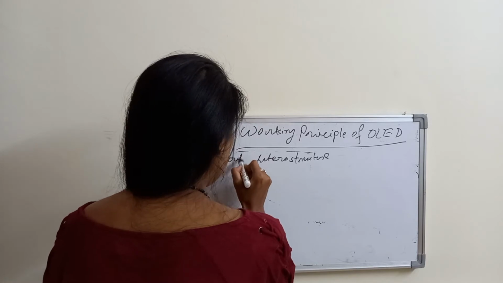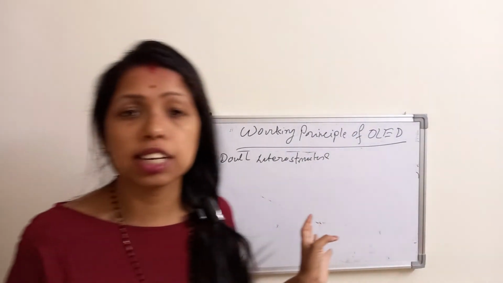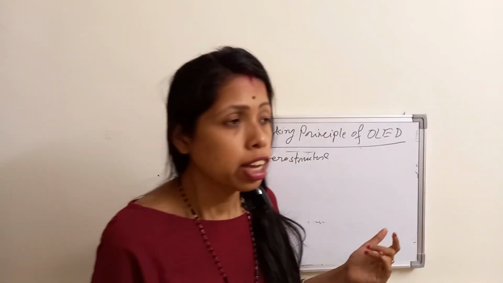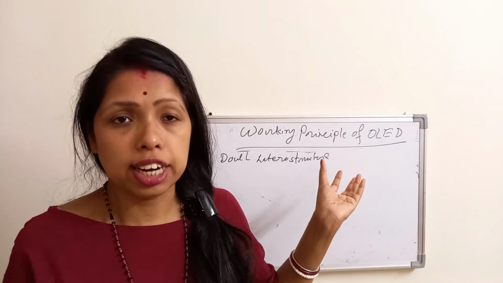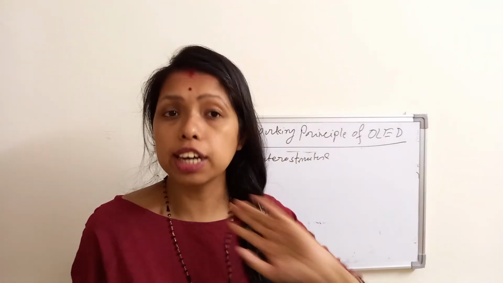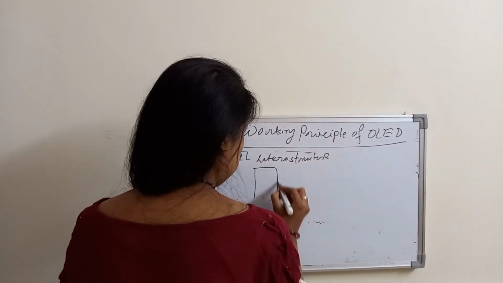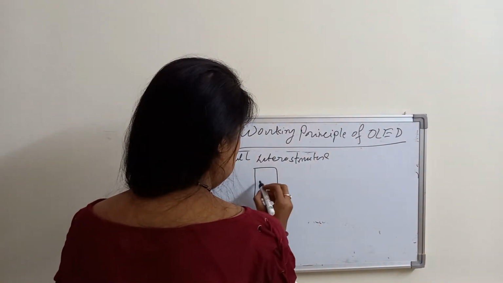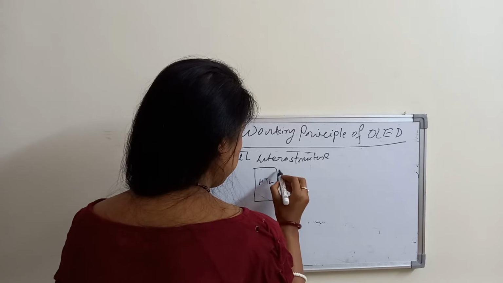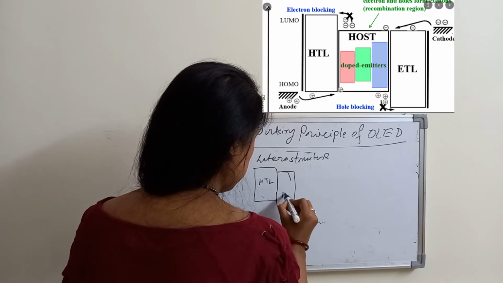First is the double. By name, double means two heterojunctions are there in this structure. I have drawn one structure at the beginning of the lecture, so this structure is the double heterojunction. Again, I am drawing the hole transport layer and the emission layer.